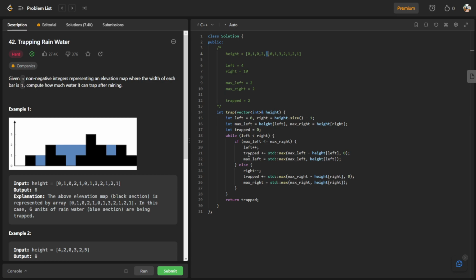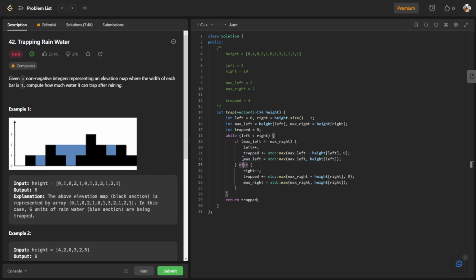Since they're the same again, we increment our left pointer one more time. We check whether or not there's any trapped water: plus max of 0, max left 2 minus 0. Remember, looking at this value, there is trapped water over here, so trapped is now 4.